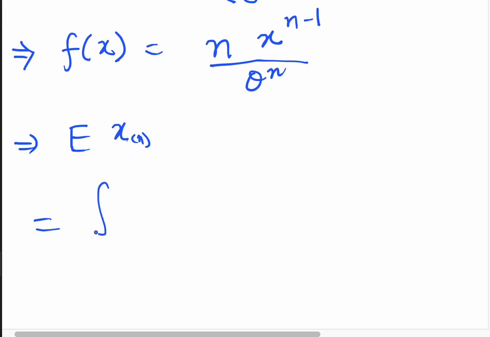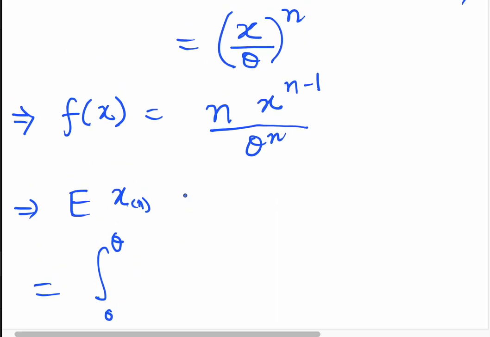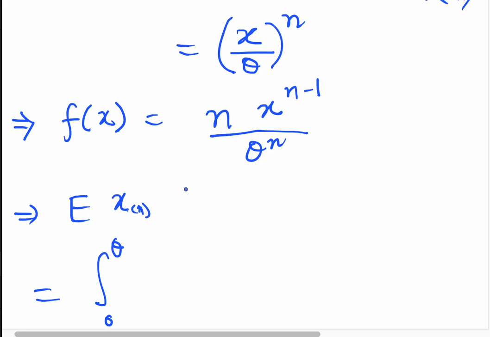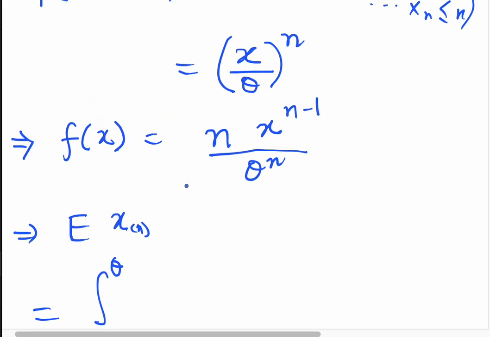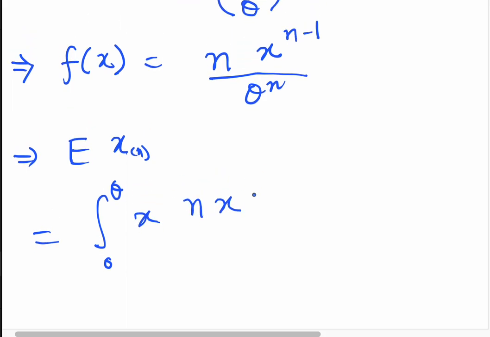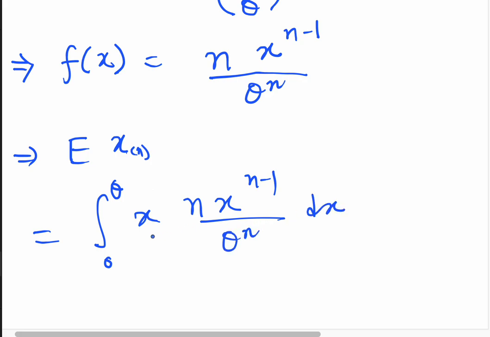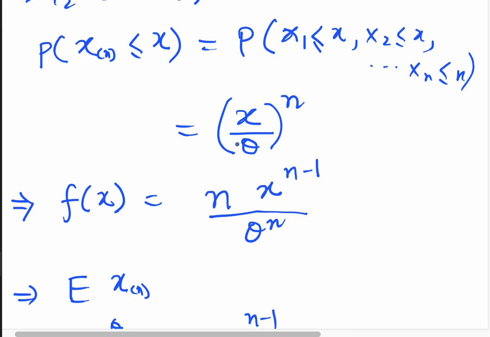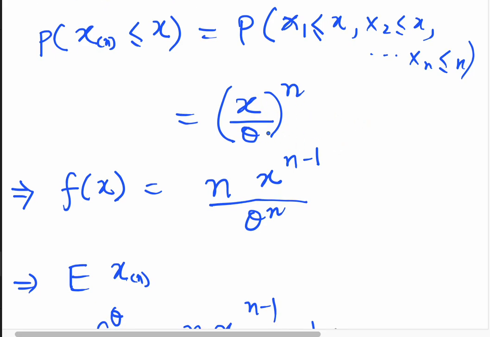That will be the integral from 0 to theta of x into n x to the power n minus 1 by theta to the power n dx. The range is valid for x between 0 and theta.